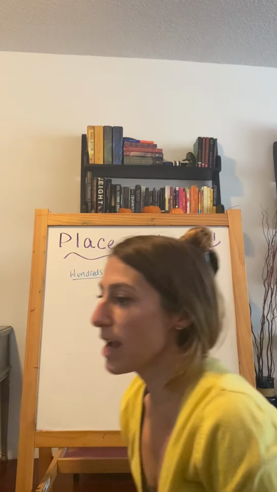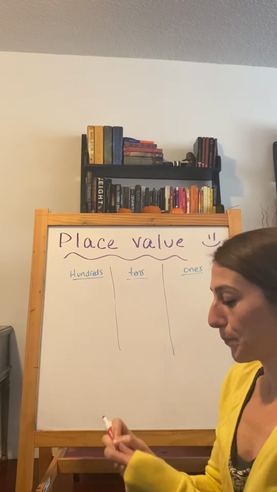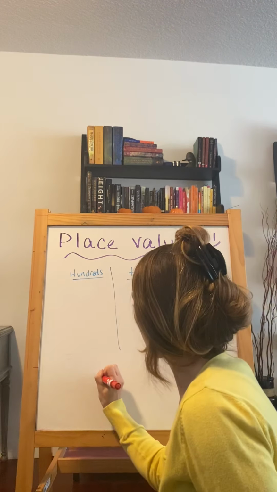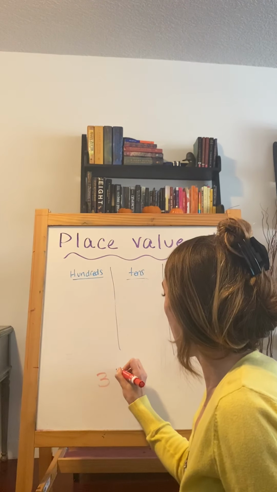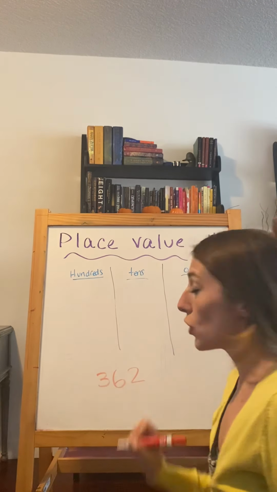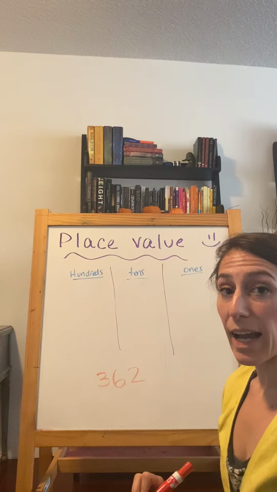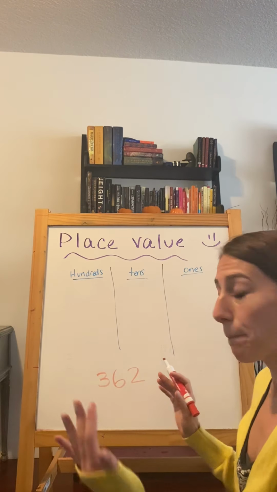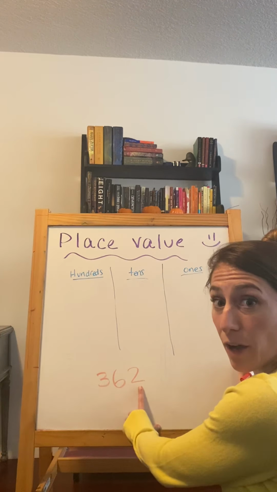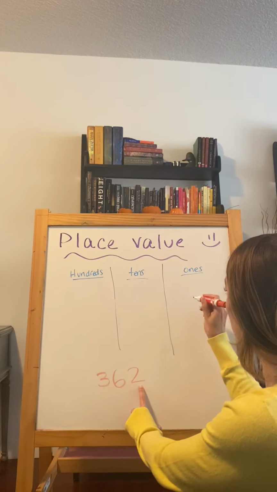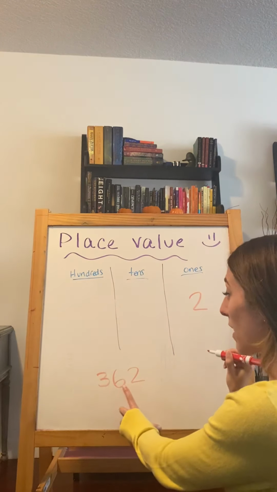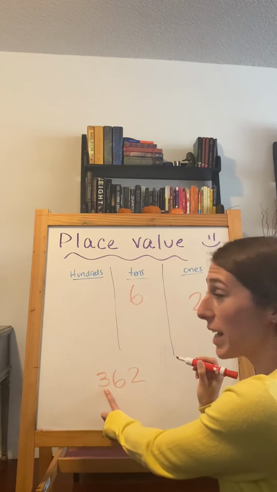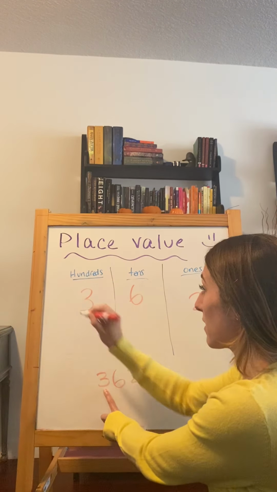If I gave you the number 362 and wanted to know what that was in expanded form, we would use place value. The 2 is in the ones place. The 6 is in the tens place, and the 3 is in the hundreds place.